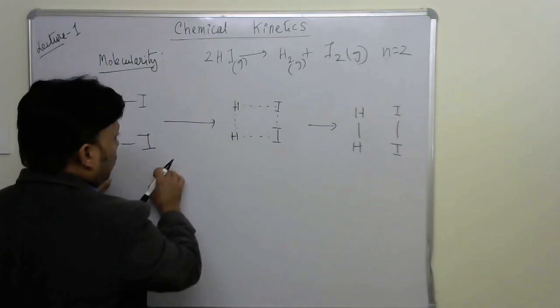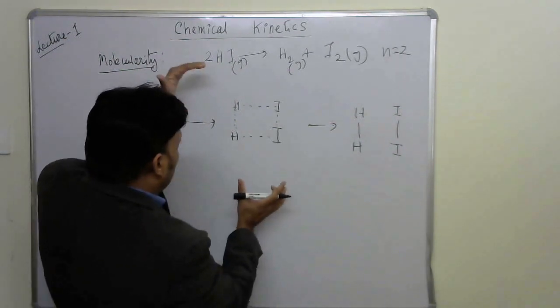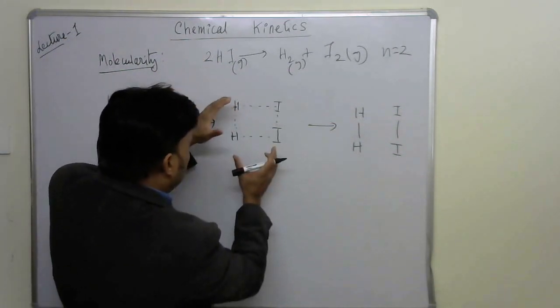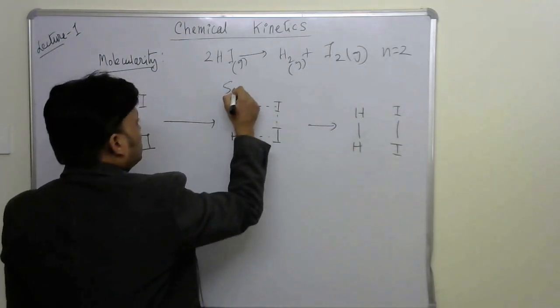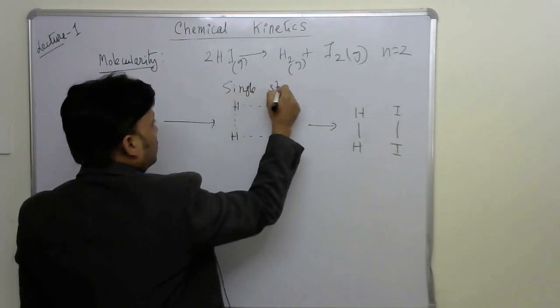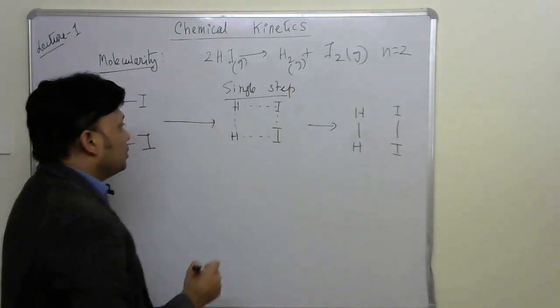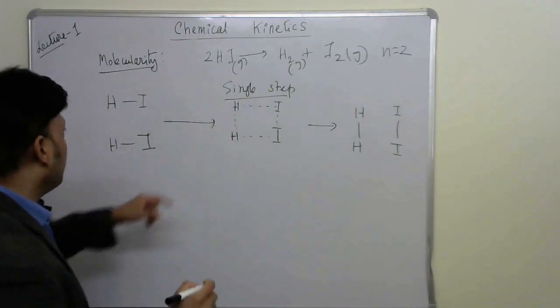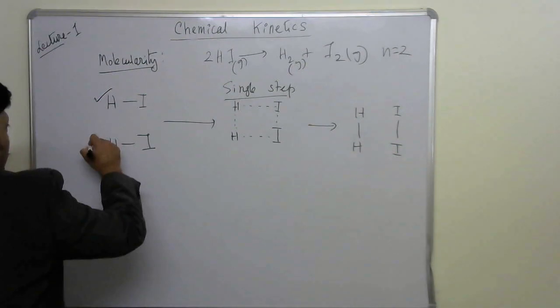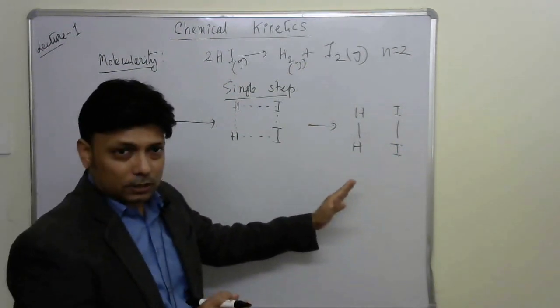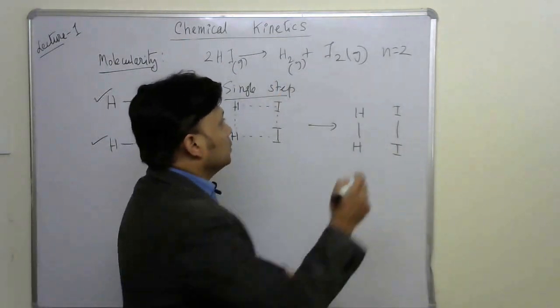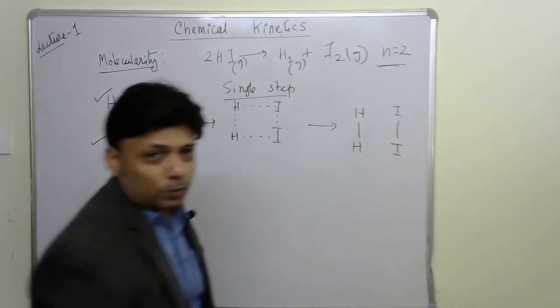So these two HI molecules in a single step collide with each other to form this. The entire transition is a single step process. Now what we see is that in a single step there are two molecules, 1 and 2, reacting to form a product, and we also saw that the order is equal to 2.